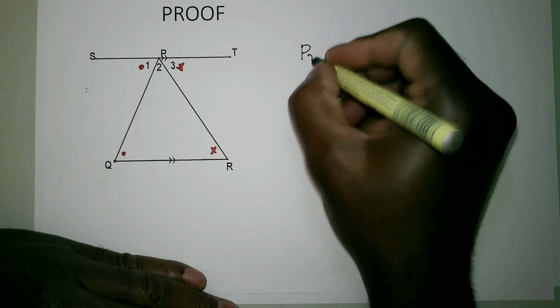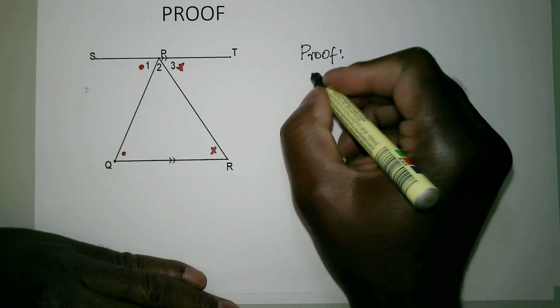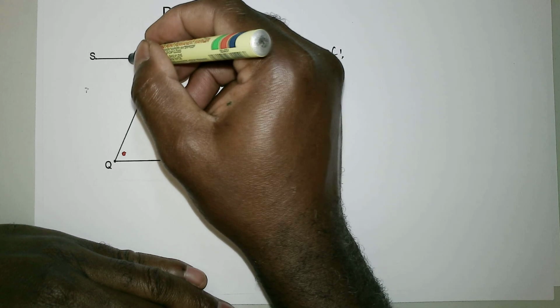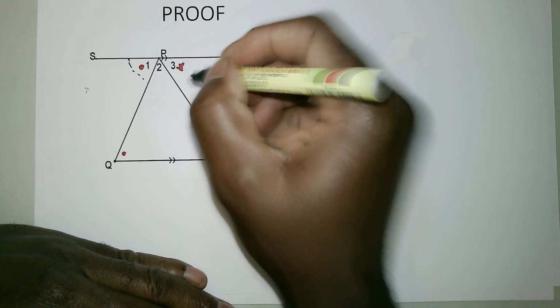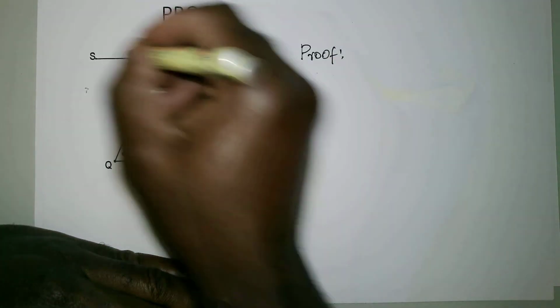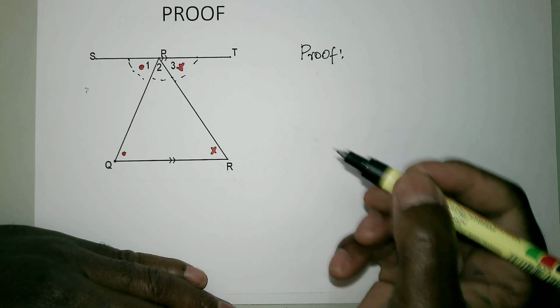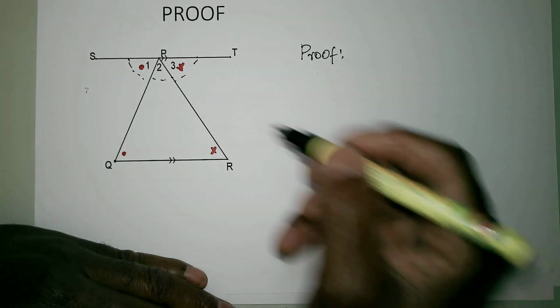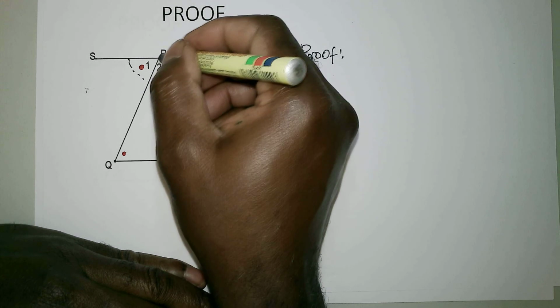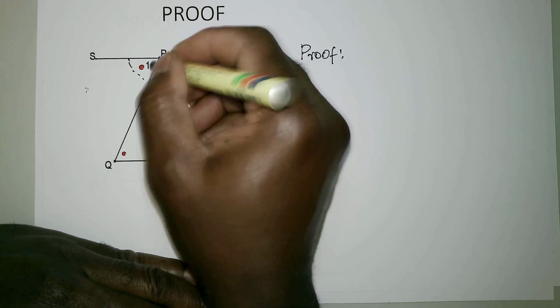We are going to use what we know, obviously. One other thing which you forget: this angle, and this angle, and this angle, they're below the straight line, and they share a common point. And once they share a common point, when we add them, we find that it's 180 degrees.